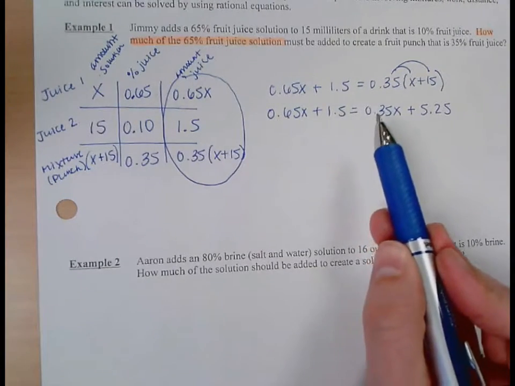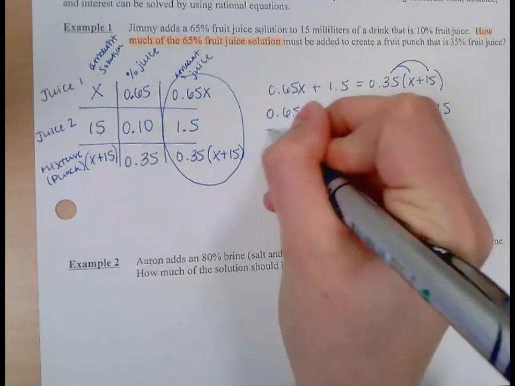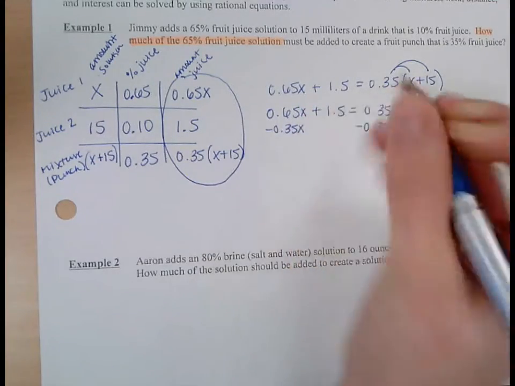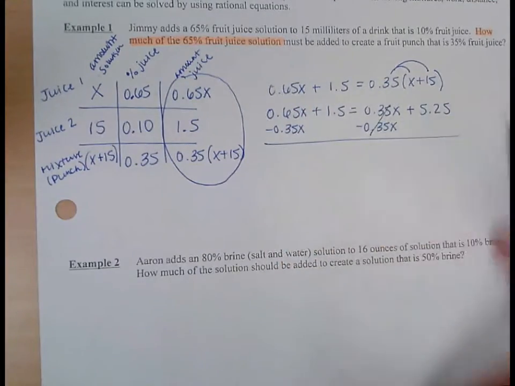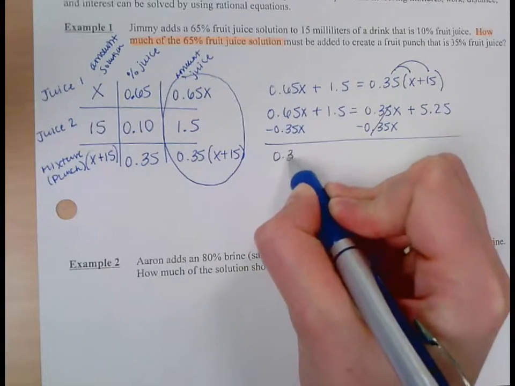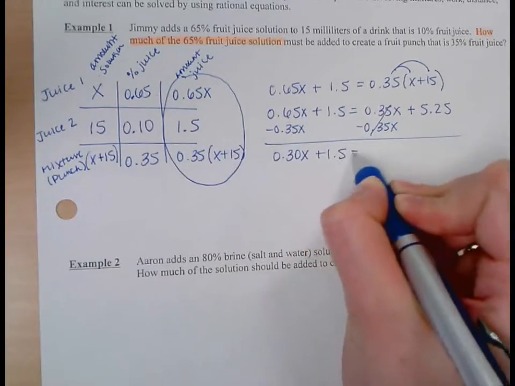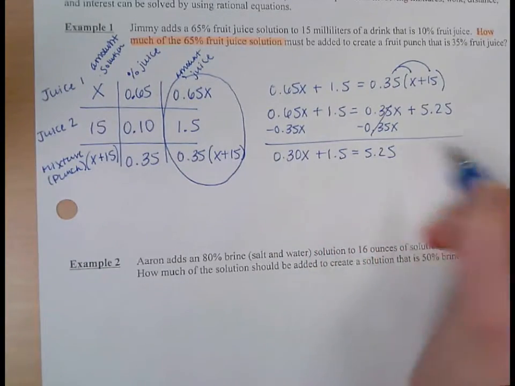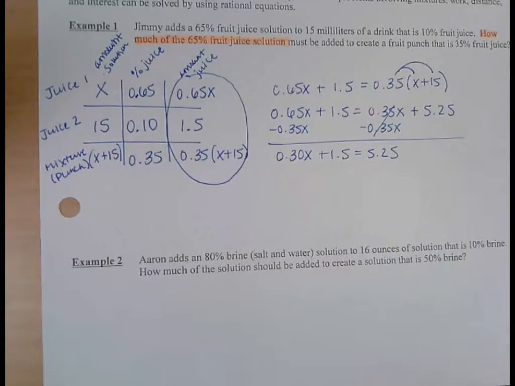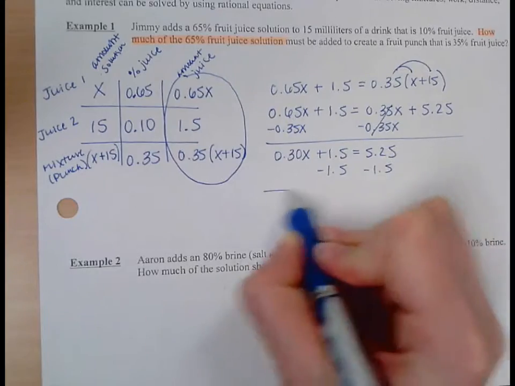And then I'll subtract the 0.35x. And that would give me 0.3x or 0.30x plus 1.5 equals 5.25. Then subtract 1.5 from each side.